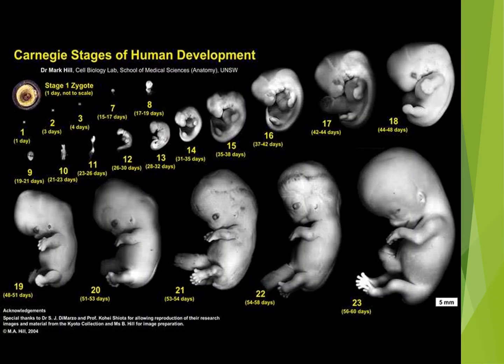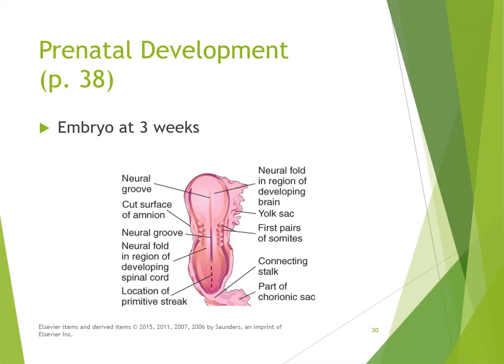I wanted you to see this, the Carnegie Stages of Human Development. Just super cool that you can see the whole process. This shows up to 23 weeks, and it's just super neat how this little zygote embryo fetus develops. Okay, prenatal development.